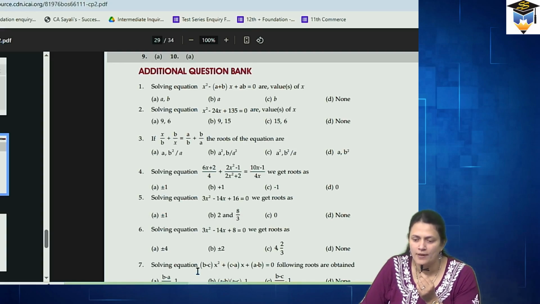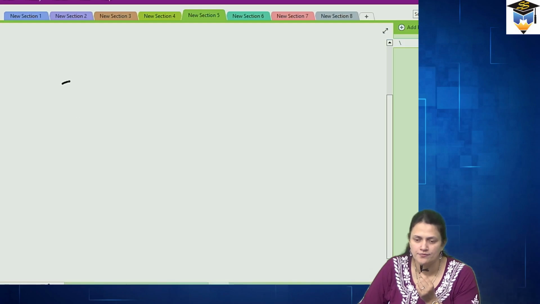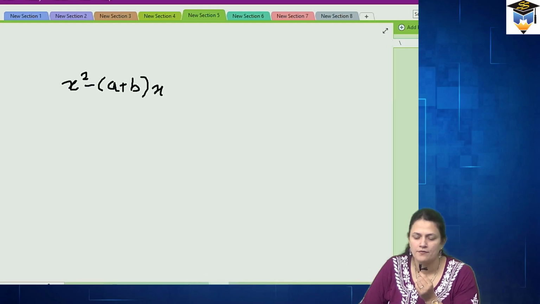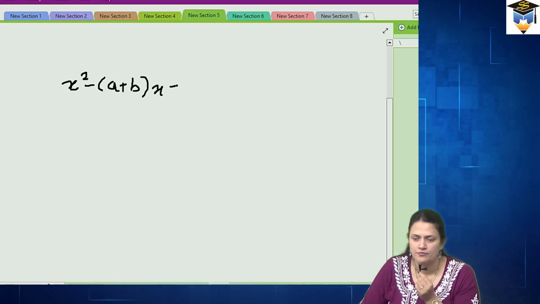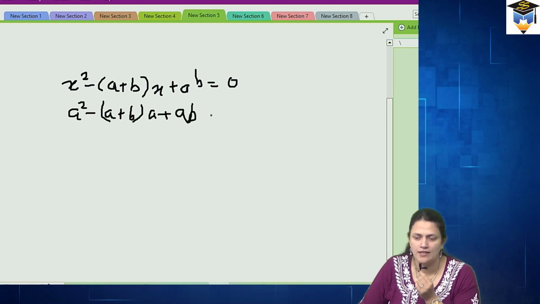So x square minus (a plus b) into x plus ab is equal to 0. If I substitute the value of x as a, here I will get a square minus (a plus b) into a plus ab, that is equal to 0.